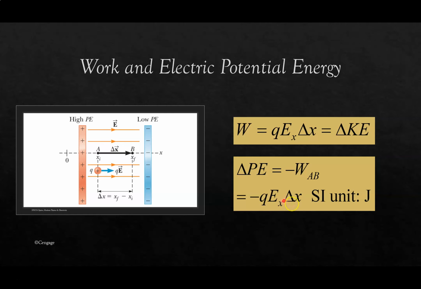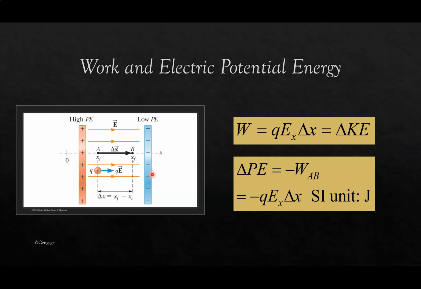Ex is the x component of the electric field, and delta x is the displacement of the charge along the x-axis.